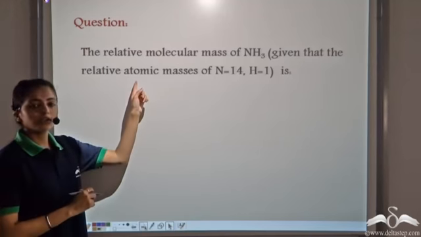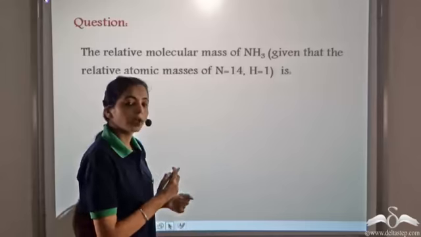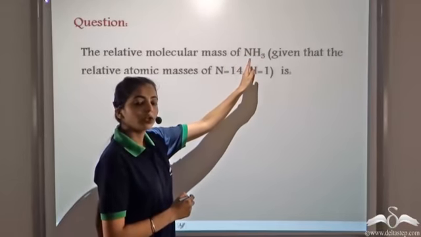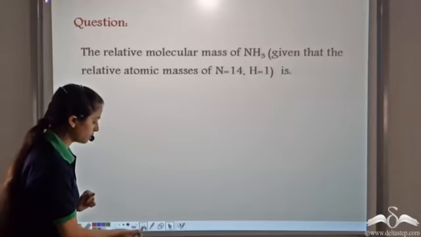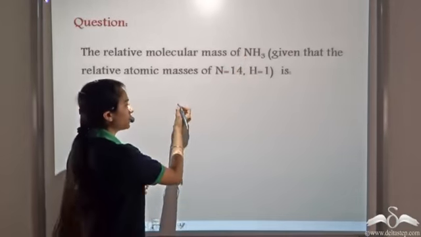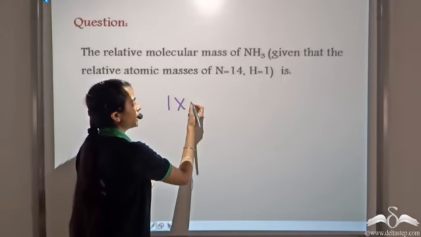Now, what should be the relative molecular mass of ammonia? We are given the relative atomic mass of nitrogen and hydrogen. So if we have to calculate the relative molecular mass of ammonia, we add the relative atomic masses of each of the elements. So we have 1 atom of nitrogen, and the relative atomic mass of nitrogen is 14.